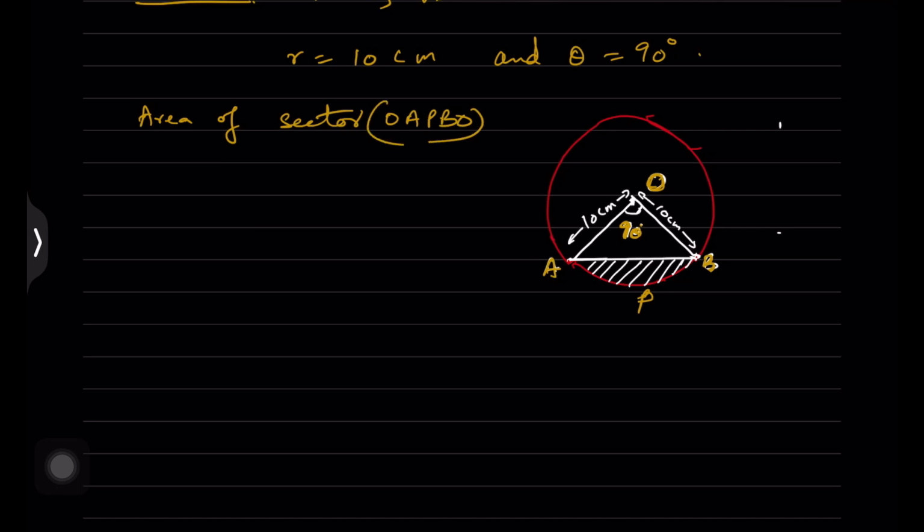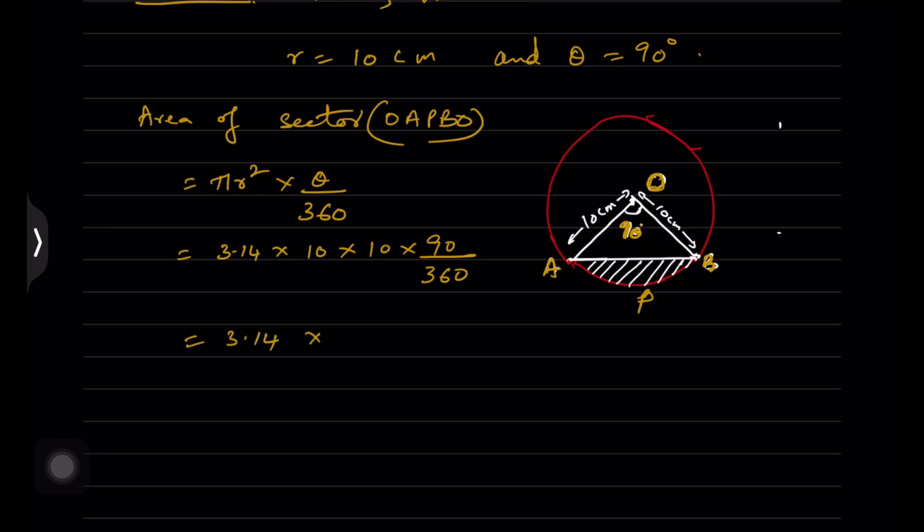So this whole is triangle and this curve part. So you're taking that, which is equal to pi r square into theta by 360, which is equal to 3.14 into 10 into 10 into 90 by 360, which is equal to 3.14 into 5 into 5, which is equal to 78.5 centimeter square.